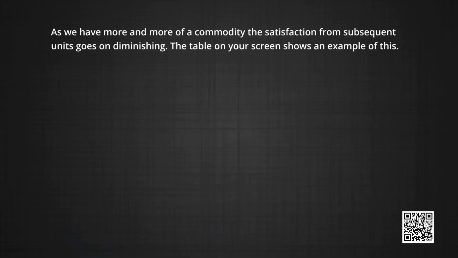So each extra bite gives you less satisfaction than the one before. Eventually, you may even begin to feel a little sick of pizza. This brings us to the conclusion that as we have more and more of a commodity, the satisfaction from each subsequent unit goes on diminishing.